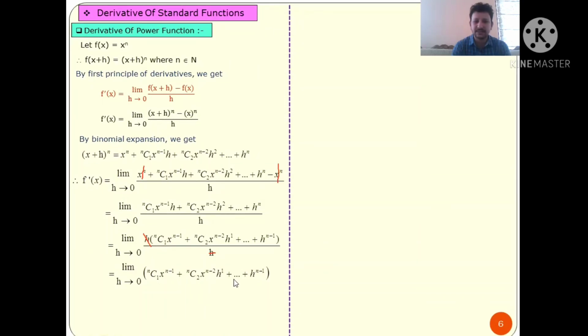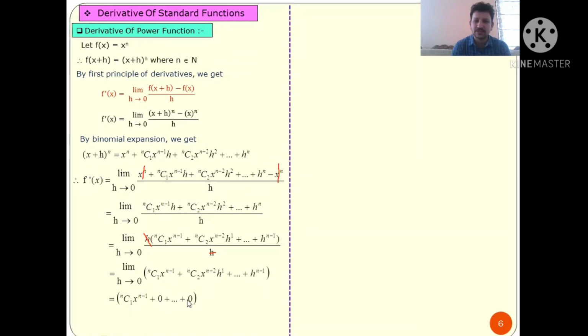Check the second term, third term up to the last term; they contain h. So all these terms become 0 except the first. So the answer is nC1 x raised to n minus 1 plus 0, up to the last one also 0. But the value of nC1 by the combination formula is n. So you get the answer n multiplied by x raised to n minus 1.